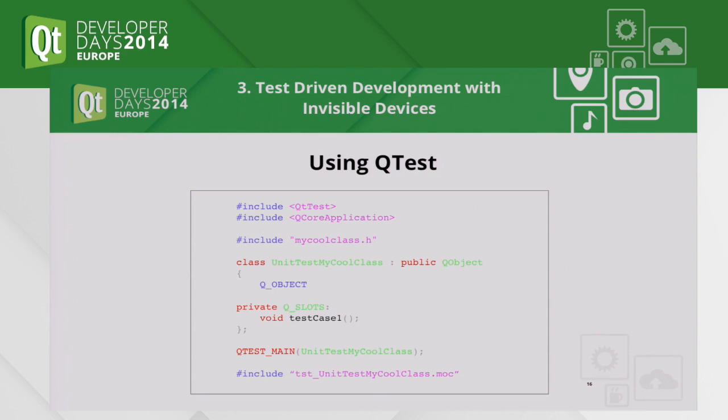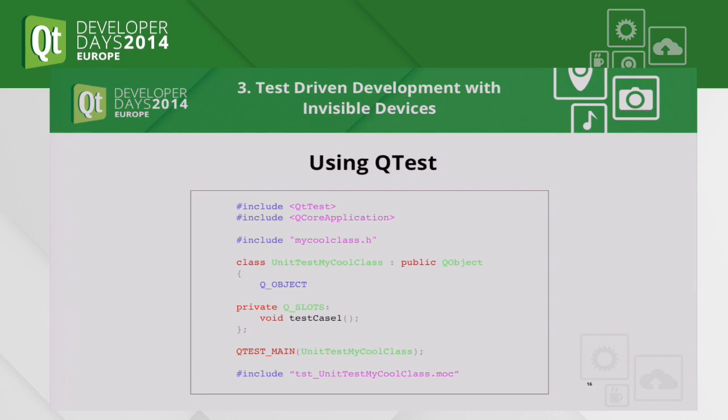You create a testing class, which derives from QObject. That's mandatory, because all the system works on the base of QObject. Then you create the private slots that you need to use to test your class. And at the end, you have QTEST_MAIN, which will create the main application that will run your tests.